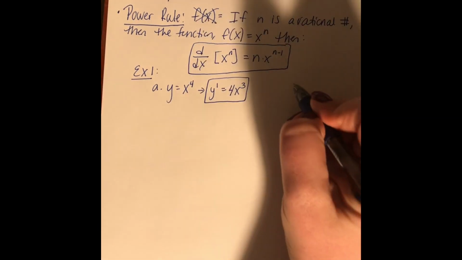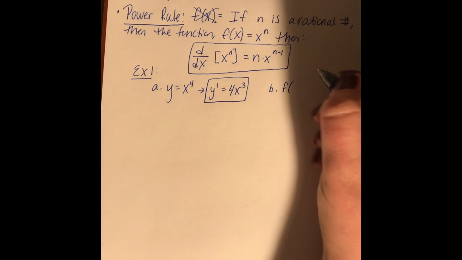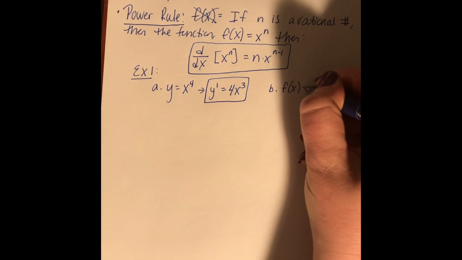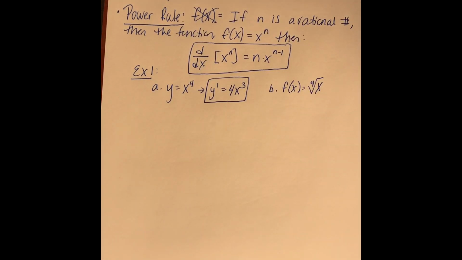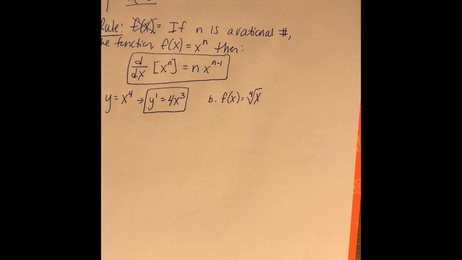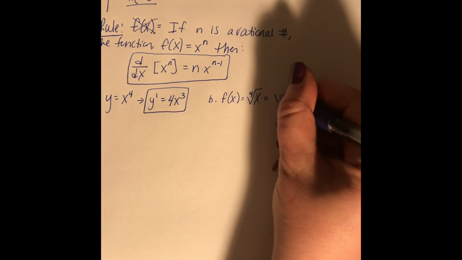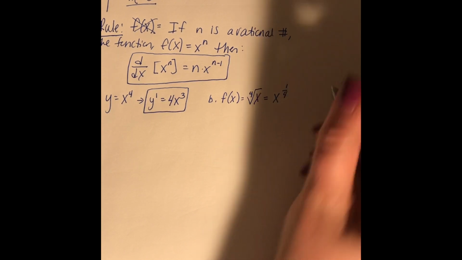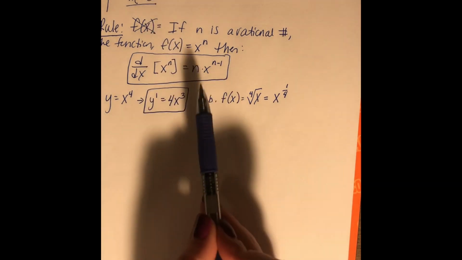B, very important when we do these, is to make sure we have exponents. So f of x is equal to the 4th root of x. So for this one, we technically don't have an exponent, but we know we can change it from radical form to exponential form. This is the same thing as saying x to the 1/4. Now that we have a rational exponent, a number that can be written as a fraction, we can do this rule.